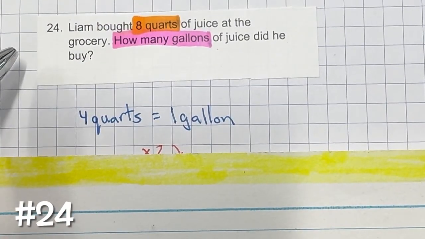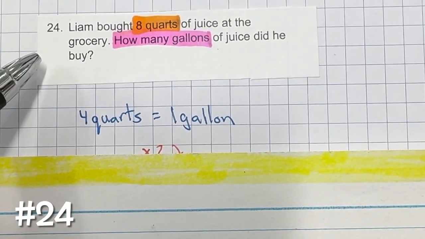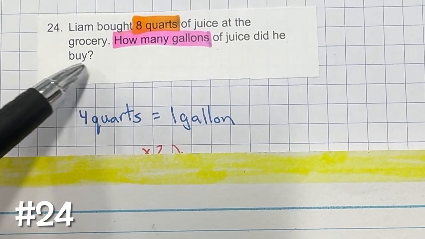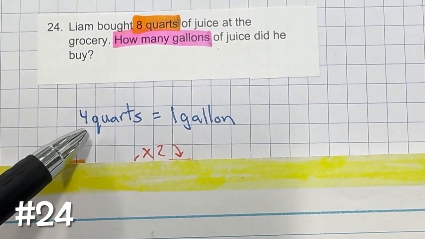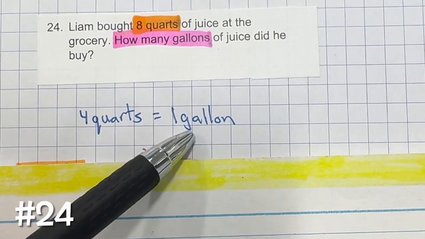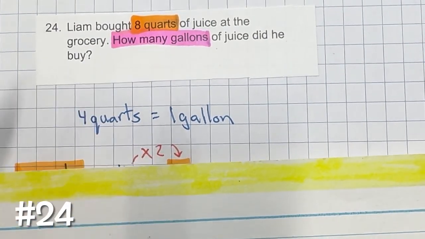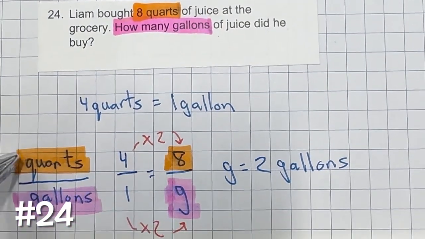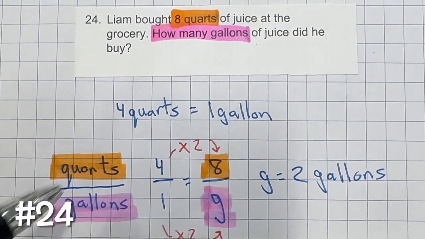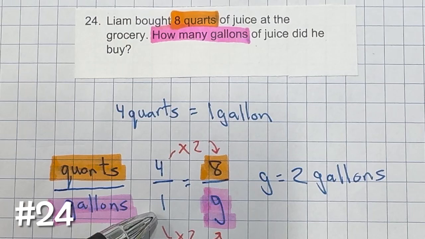Number 24, Liam bought 8 quarts of juice at the grocery. How many gallons of juice did he buy? Well, 4 quarts equals 1 gallon. We have to find out, how many gallons is 8 quarts? So we set it up quarts to gallons, and 4 quarts equal 1 gallon.